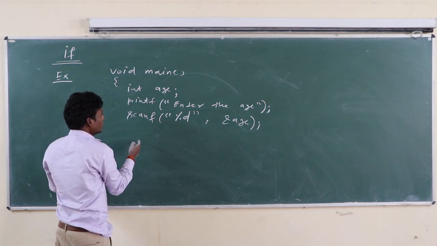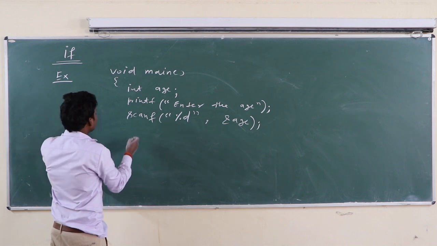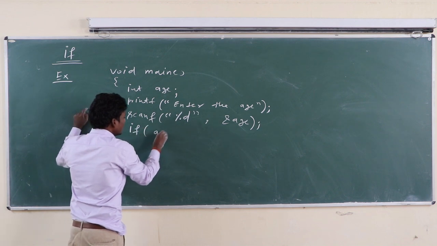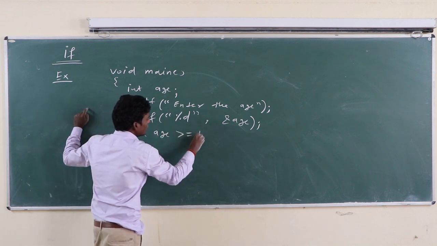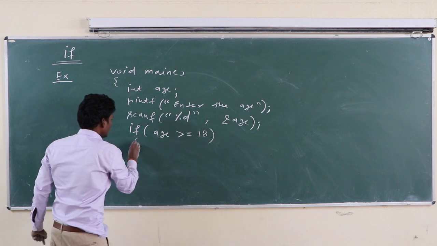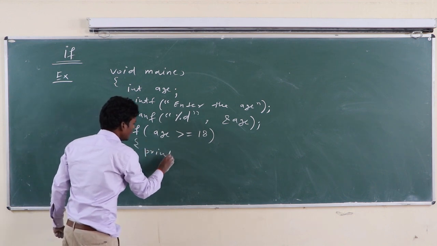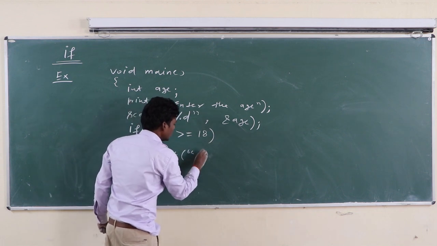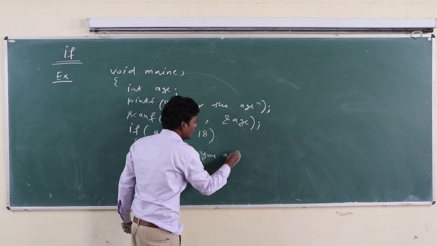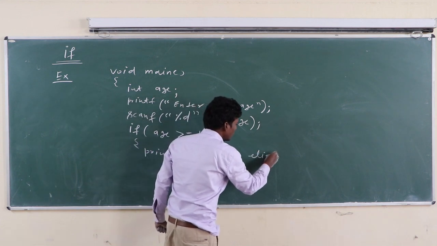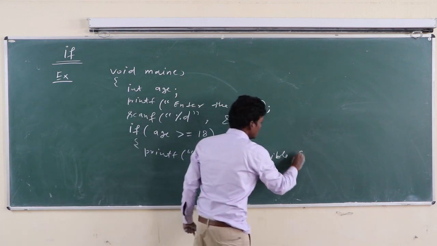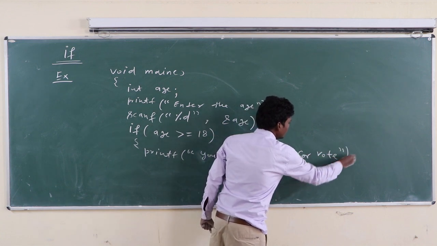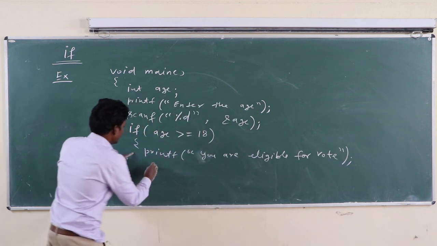So here we are going to decide. If age is greater than or equal to 18, printf you are eligible for vote, semicolon.